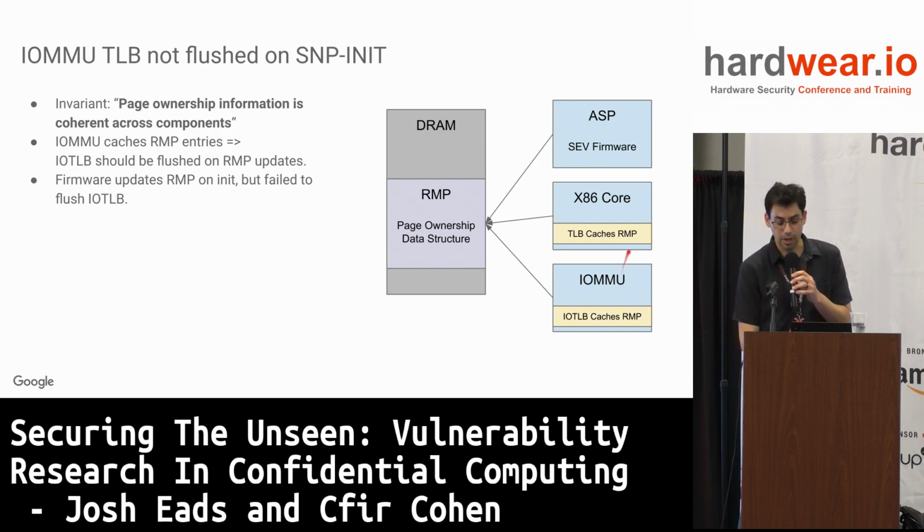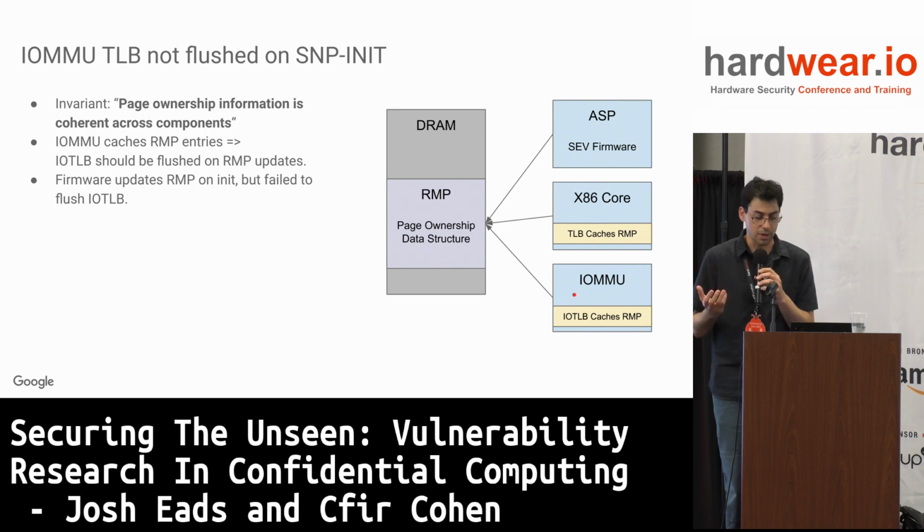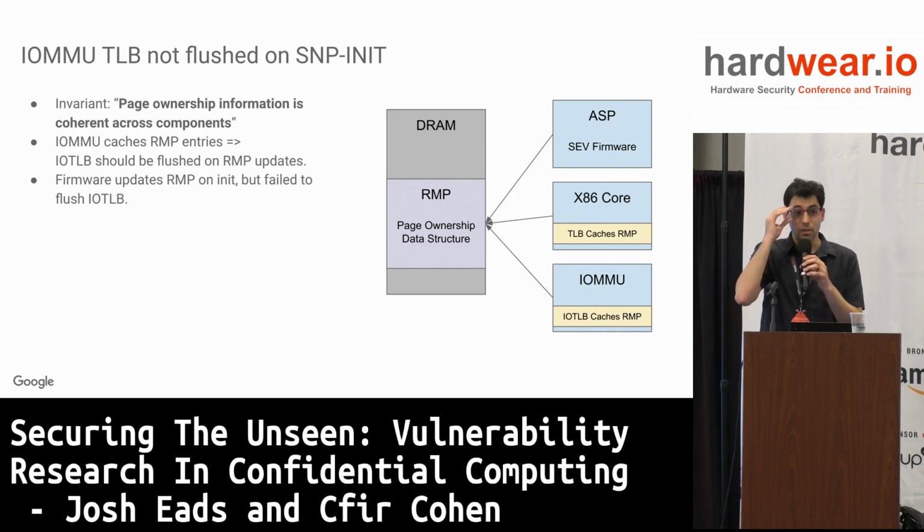We also identified that these RMP entries are cached by the x86 core in the TLB entries, and they're also cached by the IOMMU in the IO-TLB entries, which means that now we have a new invariant. We need to make sure that all these caches are coherent across all the components.